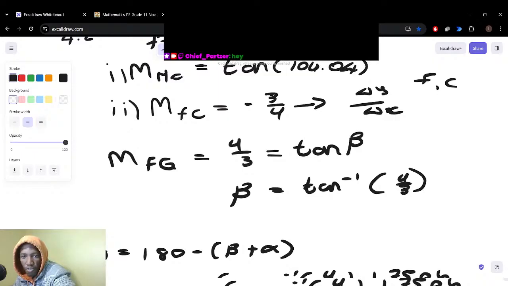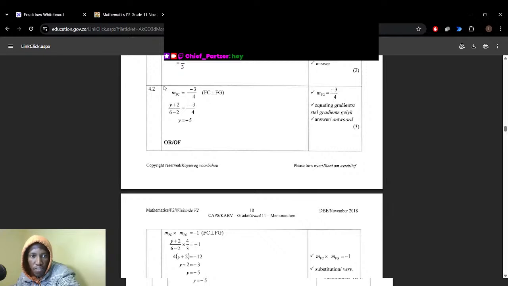We then use this formula to calculate that point C. Minus 3 over 4 times y plus 2, so 2y from C and 2 from F, 6 from C minus 2 from F, and then we get minus 5. Yeah.